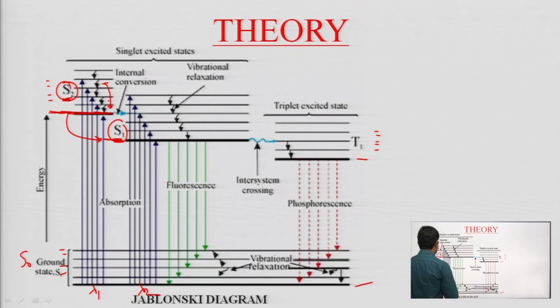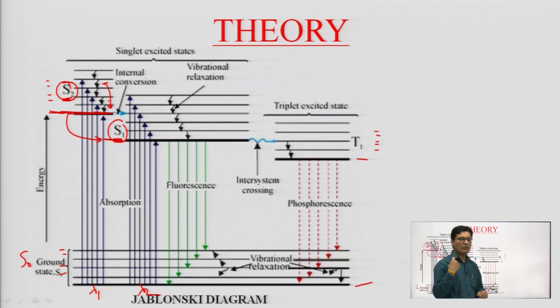After internal conversion, it can lose its energy and come to the ground state without any emission. In case number 2, it can emit a longer wavelength of light, which is the fluorescence.